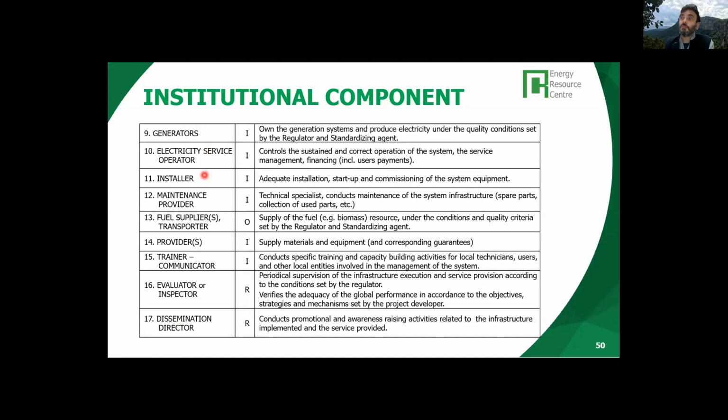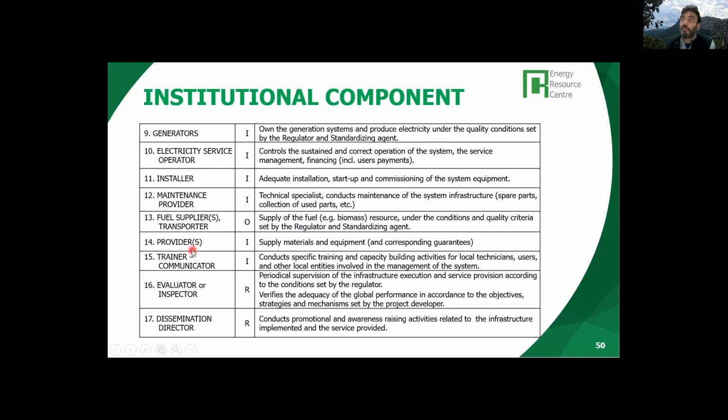We need installers for the initial installation and construction of the plant, but we also need maintenance providers. We need technicians to do the maintenance, to go there every 3 months, 6 months, every year. Optionally, if we have a hybrid system with biomass or a diesel genset, we will need a fuel supply, and we need to have that planned and prepared for.